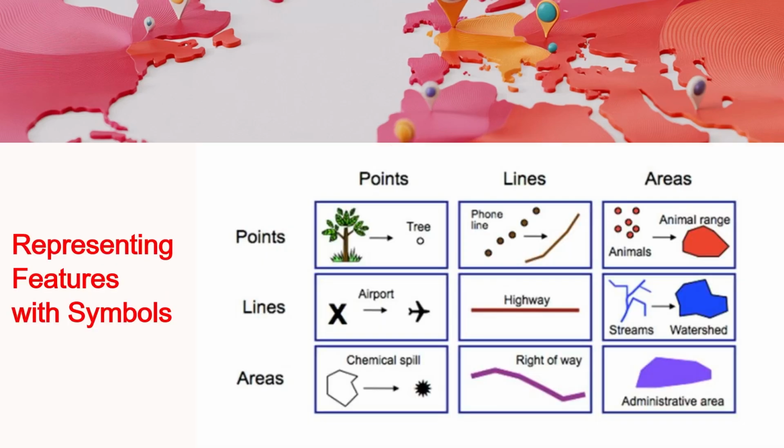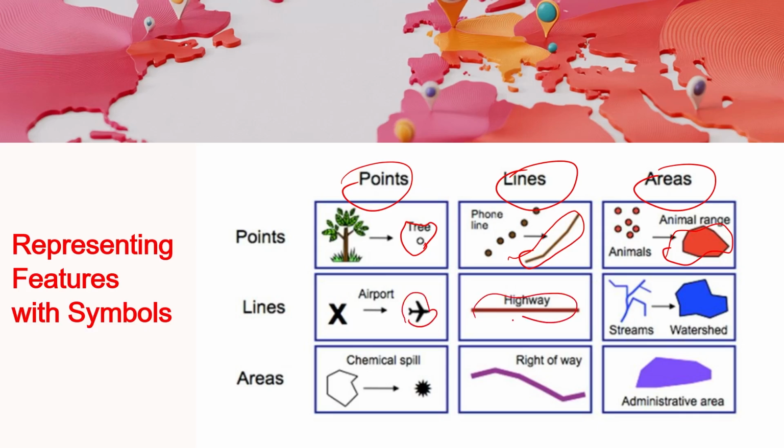scale of the map. So, if you see these figures, we have points, lines and areas, and we represent a tree using a point feature, and telephone lines are considered a line feature, then this is an animal range area. When you want to explain the airport, the airport is a point feature, then highway is a line feature, then any watershed is a good example for an area feature.